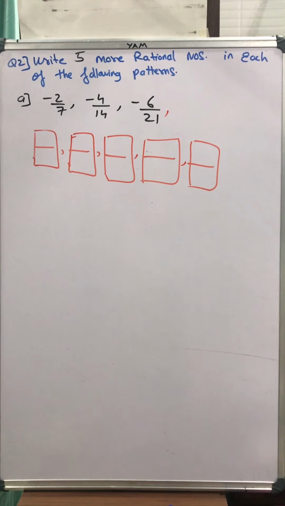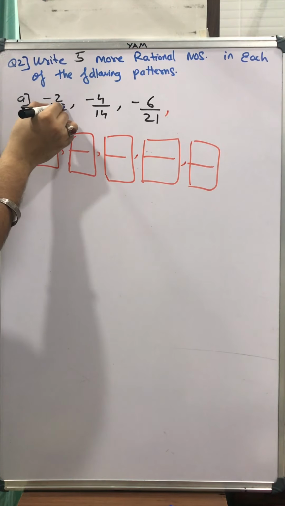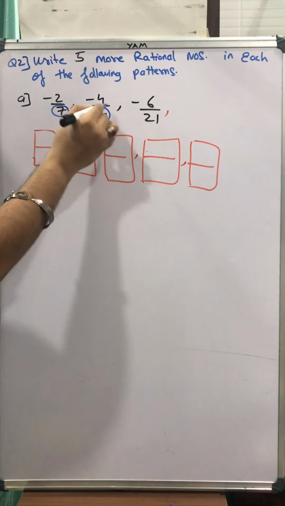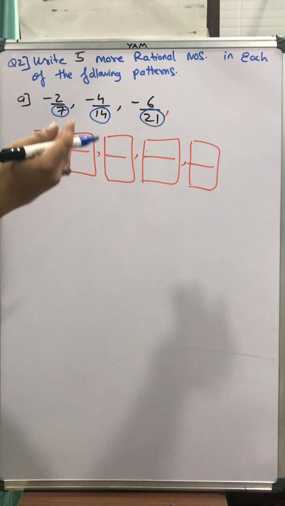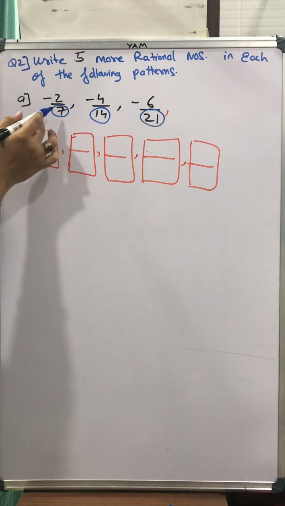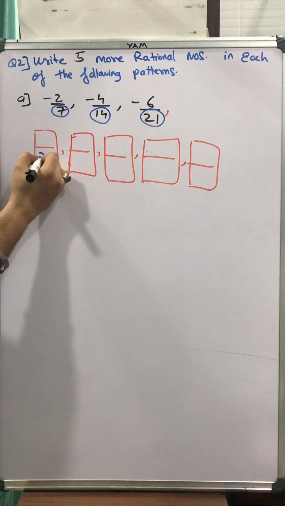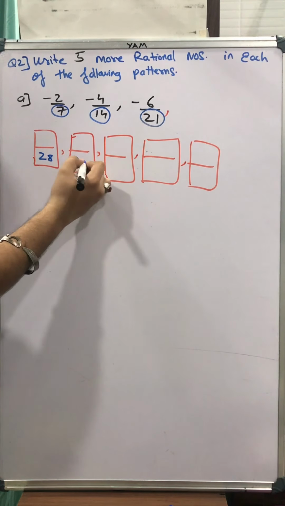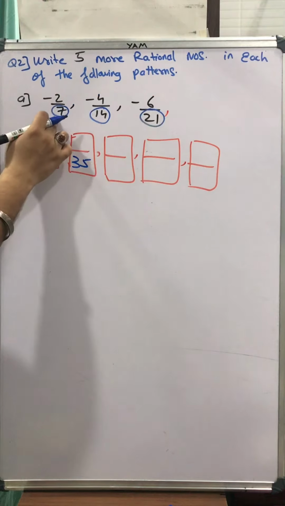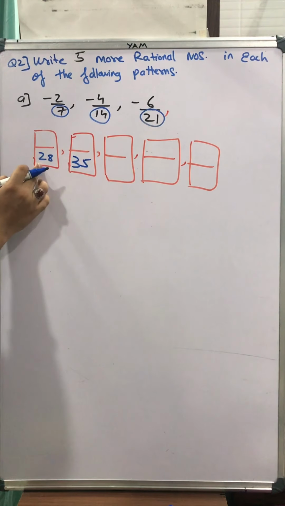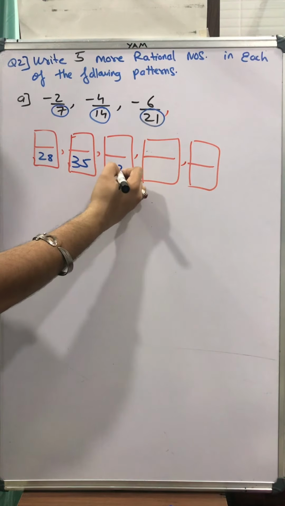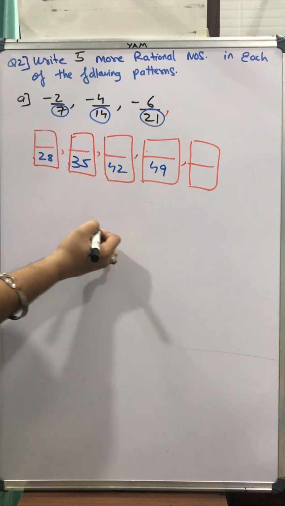Students, please pay attention, I'm observing first just the denominators. Here I have 7, then 14, then 21. Can I say this is the 7 times table? 7 ones are 7, 7 twos are 14, 7 threes are 21. So 7 fours will be 28, 7 fives will be 35. It's the 7 times table: 7, 14, 21, 28, 35, then comes 42, then 49, and then 56.